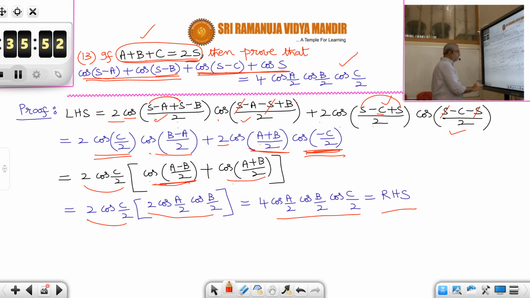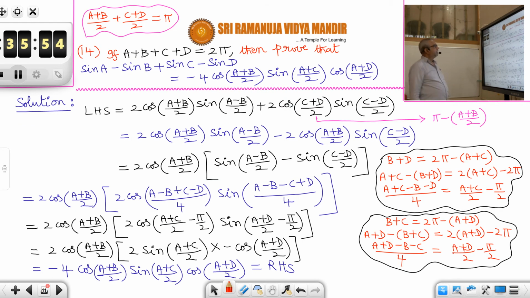Okay. Let us see the 14th one. If a plus b plus c plus d is equal to 2 pi. Till now we have seen only 3 angles. Now the 4th angle d also has come. So if a plus b plus c plus d is equal to 2 pi, that means angles of a quadrilateral maybe. Is it not?